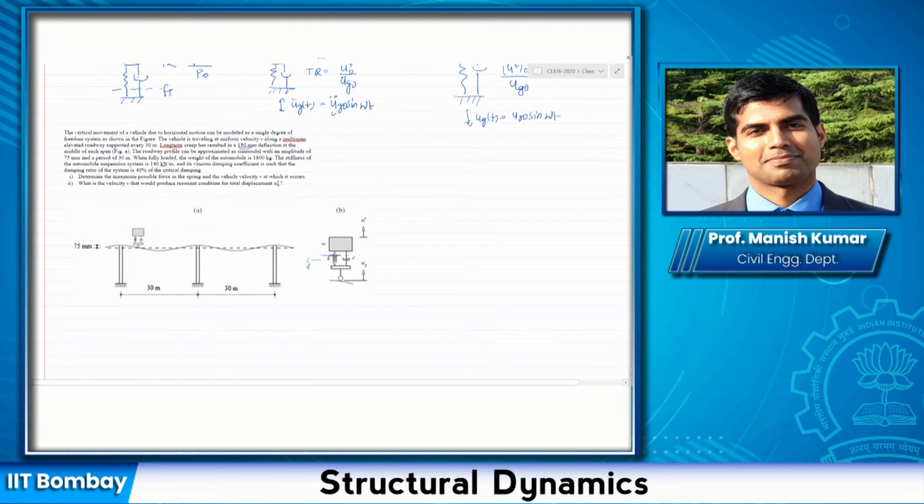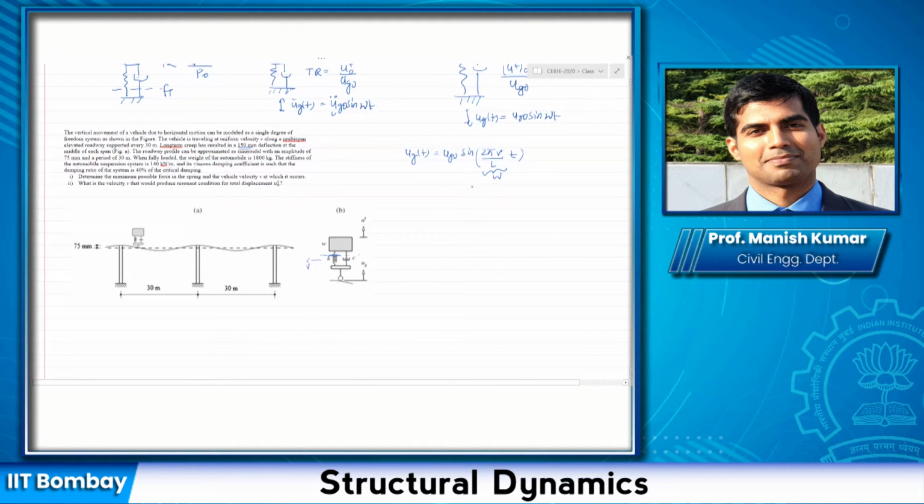We have already discussed that if you have a problem of this kind, you can represent the ground excitation in terms of displacement as peak ground displacement times 2 pi times the horizontal velocity of the vehicle divided by the span length, times t. So omega is basically this.